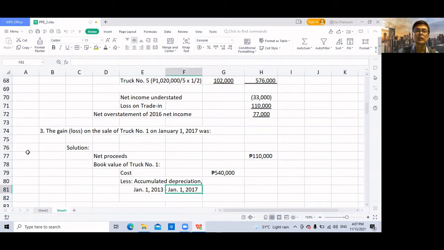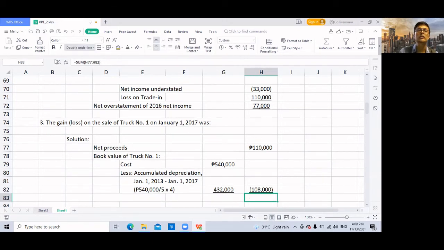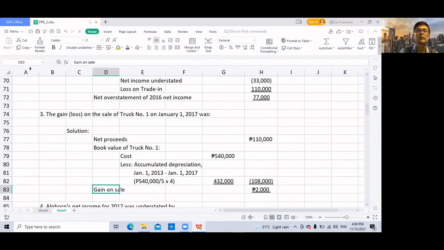So that's 540,000 divided by 5 times 4 years, which is 432,000. We take the difference between the cost and the accumulated depreciation to get the book value, which is 108,000. Then we subtract it from the net proceeds, and that will give you 2,000 pesos. This is the gain on the sale of truck number 1. So there was a gain of 2,000.